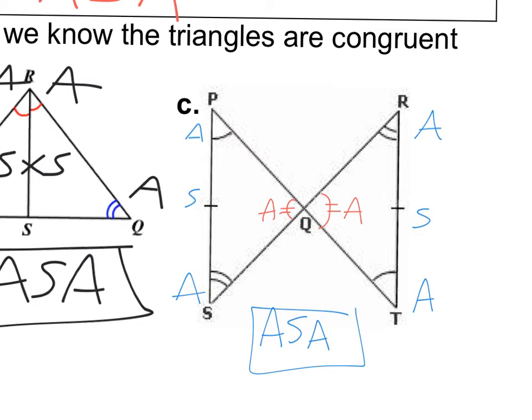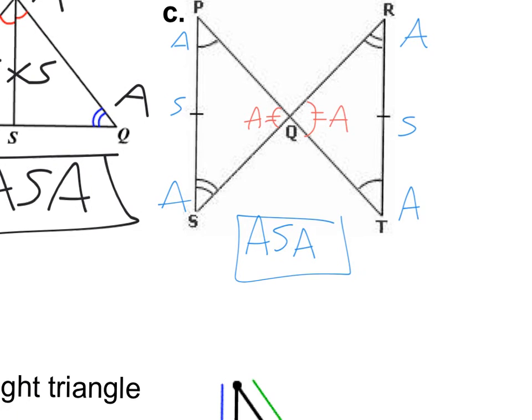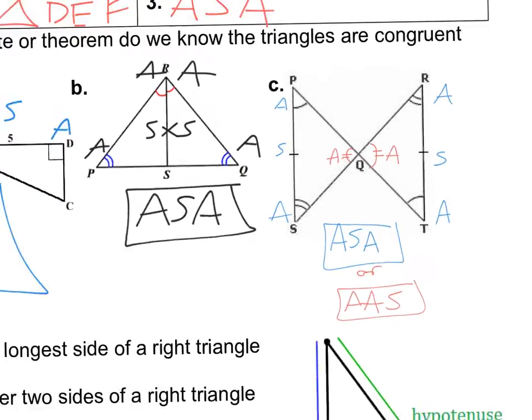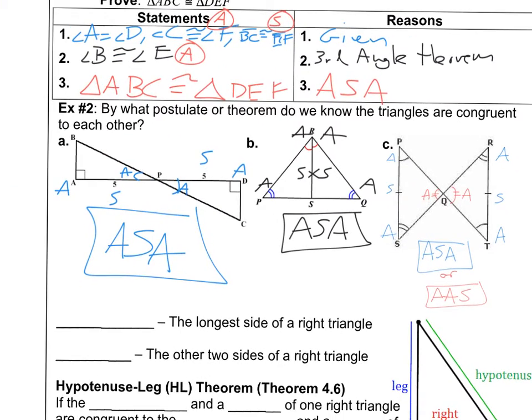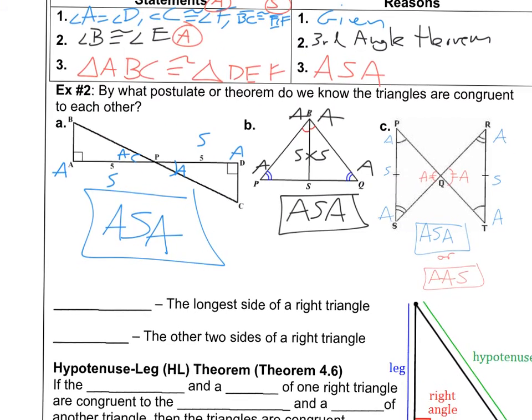So you could also go angle, angle, side. There's lots of different ways to do it. So this one also could be angle, angle, side. So either one works, but probably the best and easiest answer for this last one is just ASA.